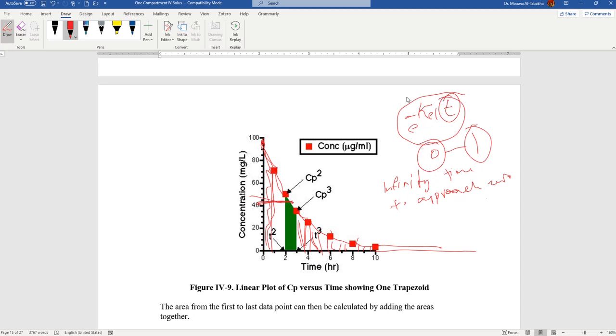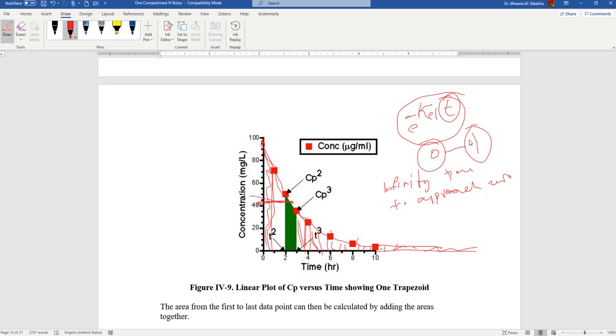That's why theoretically the fraction remaining will never reach exactly 0. So how can we calculate this area? There is a way by integration. There is a way to do that.